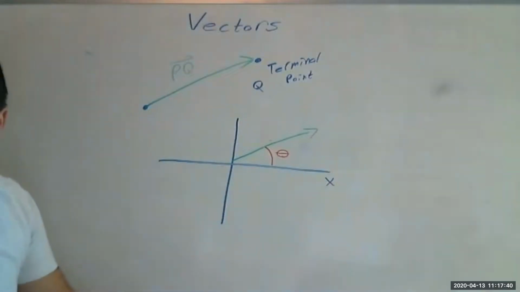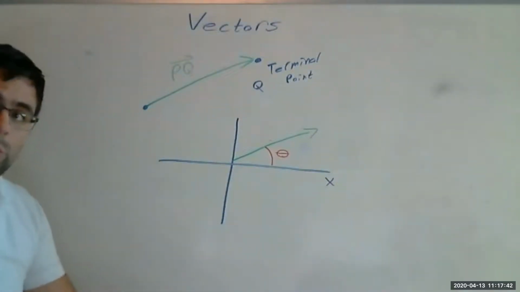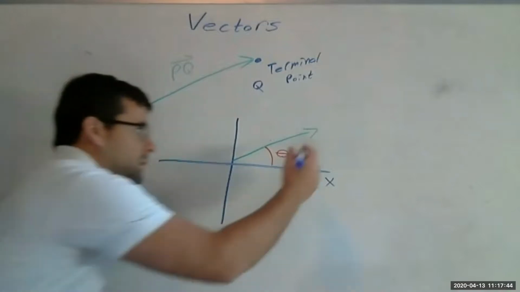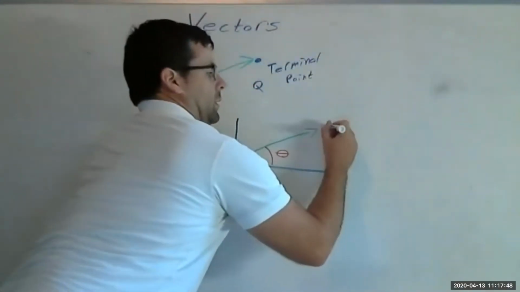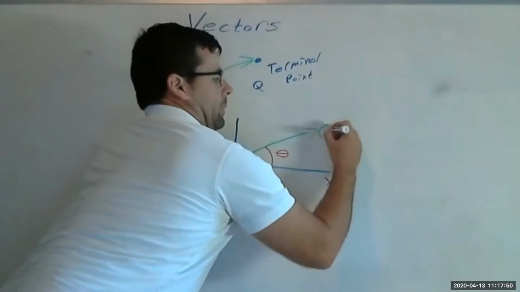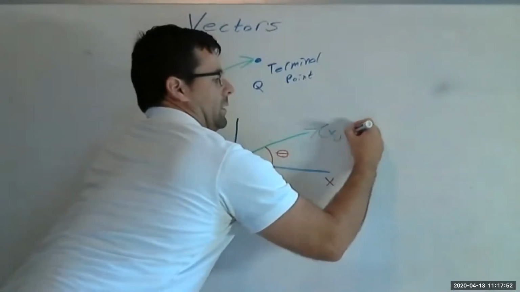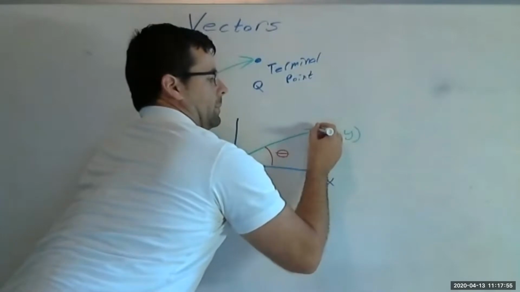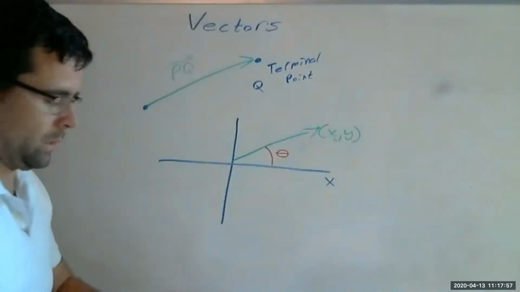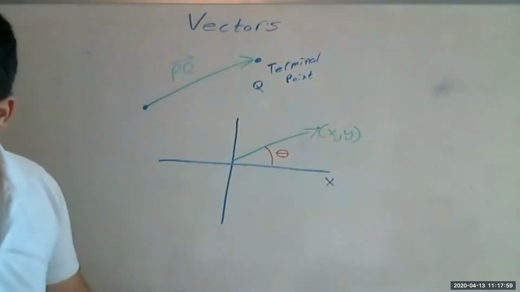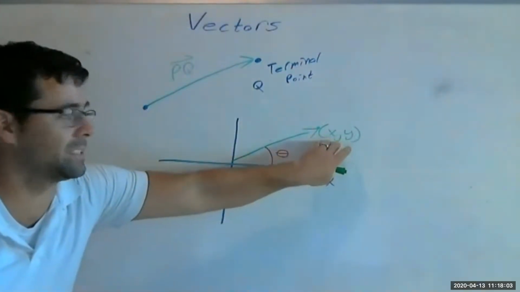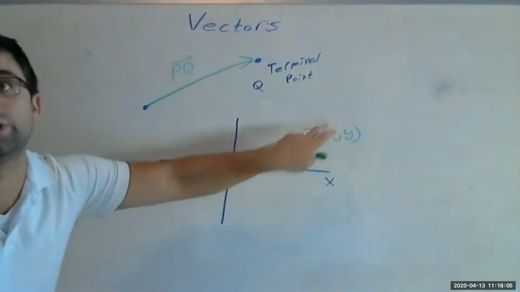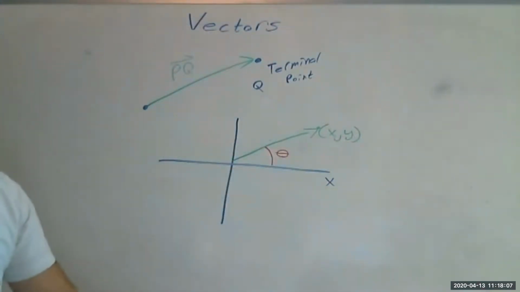It's at the origin. So its terminal point is just x, y. So somebody please tell me, if I know x, y of this point, how can I find this angle?